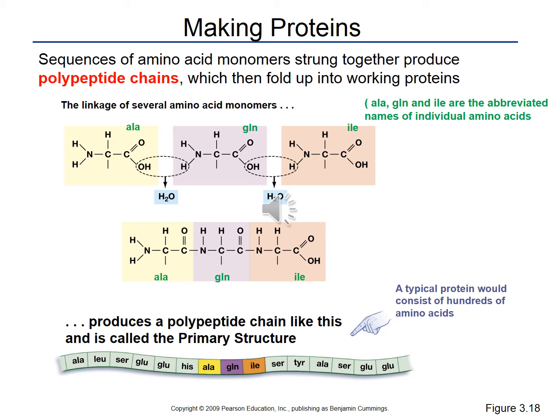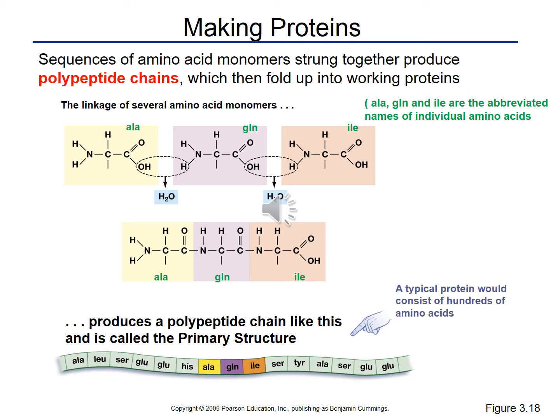Going back to that whole thing with monomers coming together as units that are similar that make and build polymers. Amino acids are monomers, units that are similar that come together to make polymers that are called polypeptides.